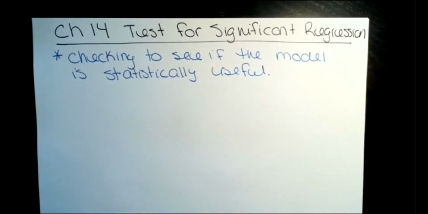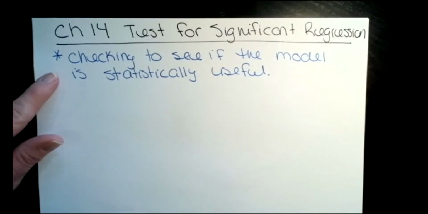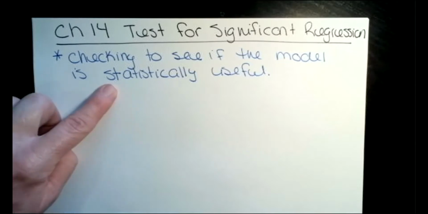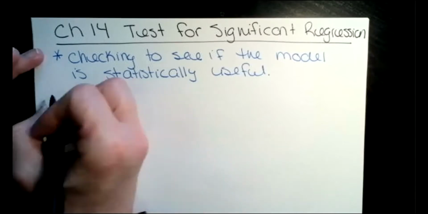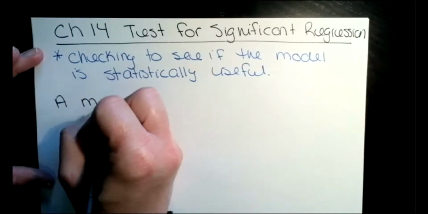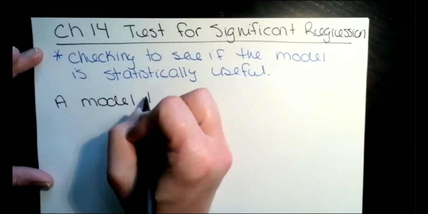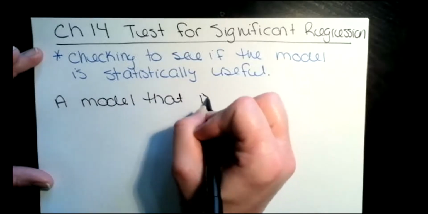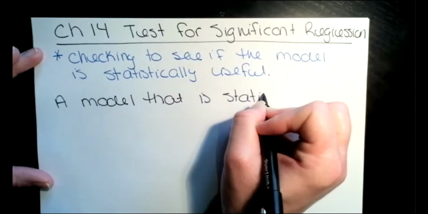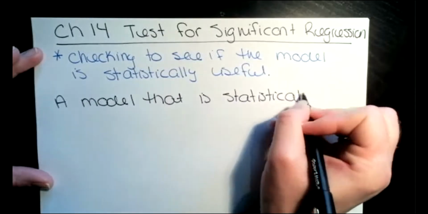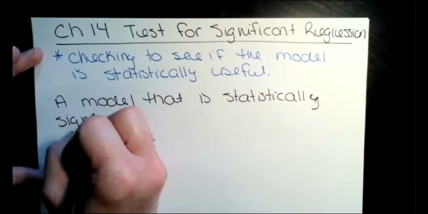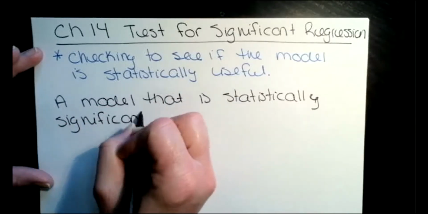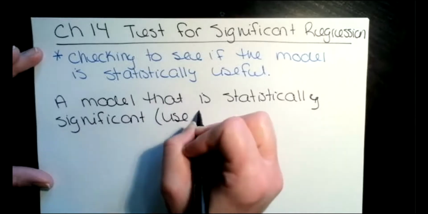So now we're going to take it that step further and we're going to use a testing process or a CI to see if it's statistically useful, okay? So let's talk about what that means. So a model that is statistically significant, that's what I mean when I say useful.